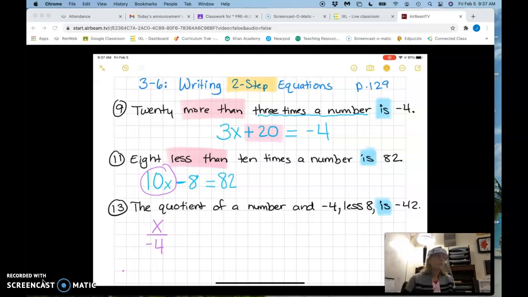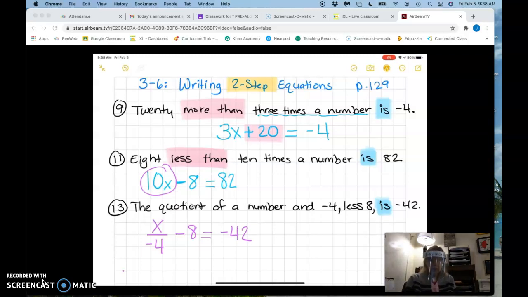So when you write these word problems into equations, use the fraction symbol to show division. The quotient of a number and negative 4 less 8, so what does that mean? Minus 8. Minus 8 is negative 42. What does is mean? Equal. Equals negative 42. Okay?